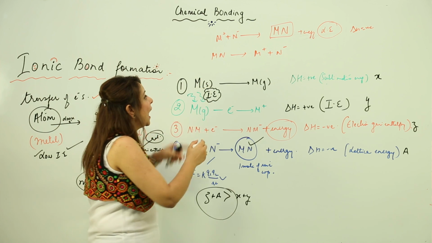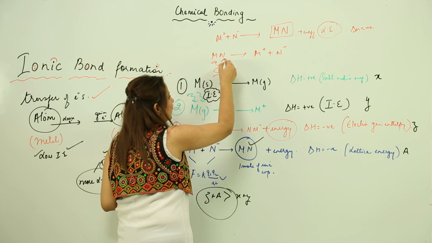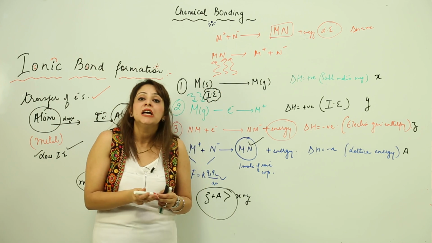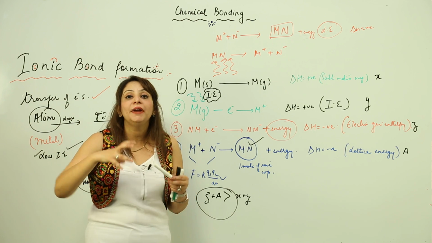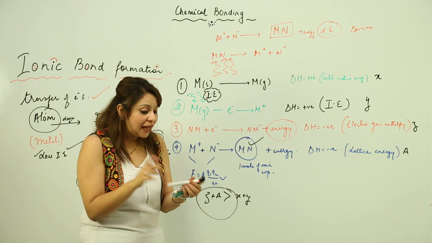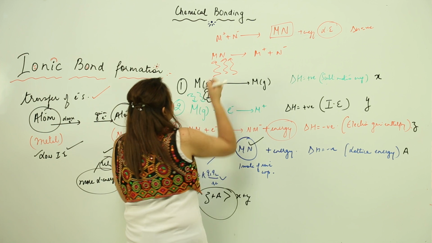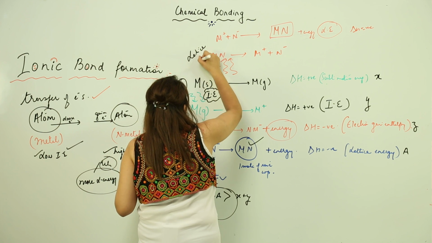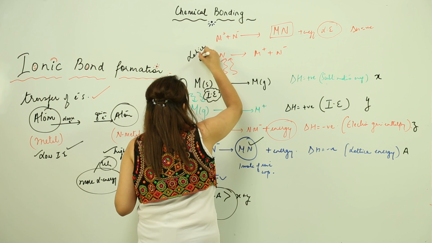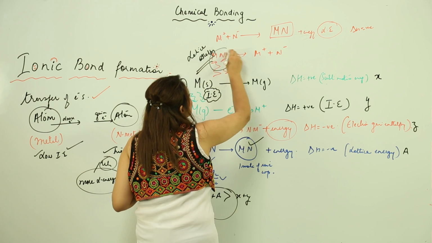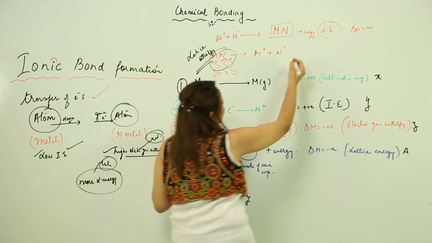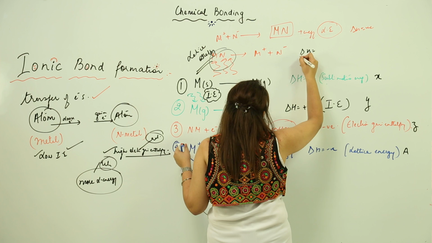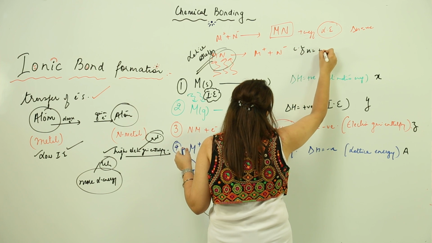In that case I have to provide it with energy to break the attractive force, and that energy is called lattice enthalpy. So delta H for lattice enthalpy is positive.